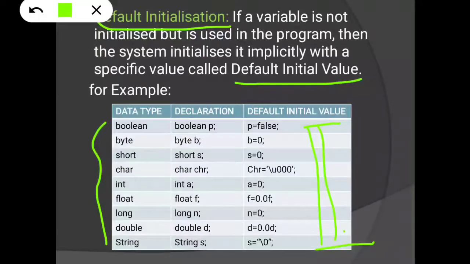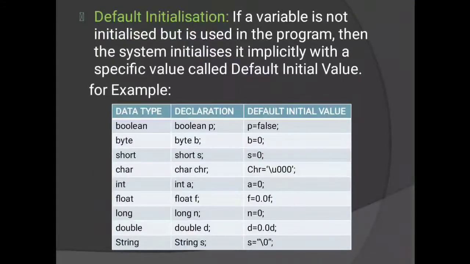Byte 0, short 0, char backslash u0000, int 0, float 0.0f, long 0, double 0.0d, string null. These are all the default initial values of a variable according to data type. You should remember all this. Then next we will proceed.